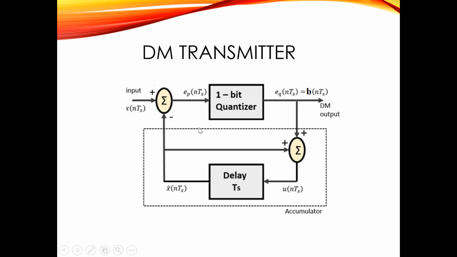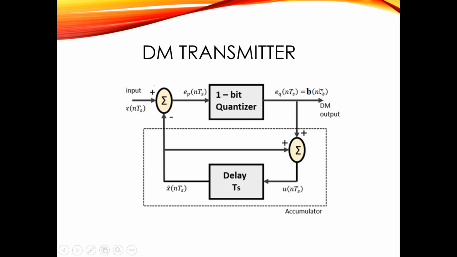So basically the error signal e is applied to the 1-bit quantizer, and we get the quantized error signal, that is nothing but b of nTs. Here our output will be either plus 1 or minus 1, that means our output will be either 1 or 0. That is the coded output from the delta modulator system.